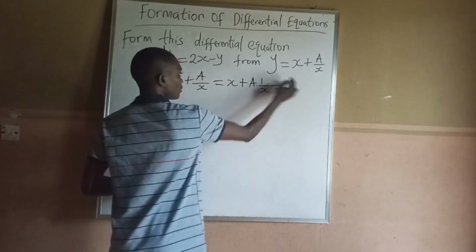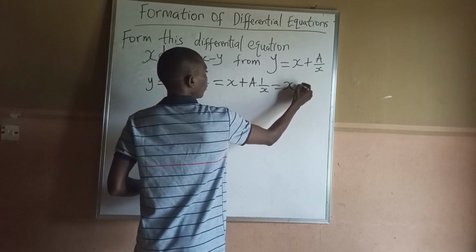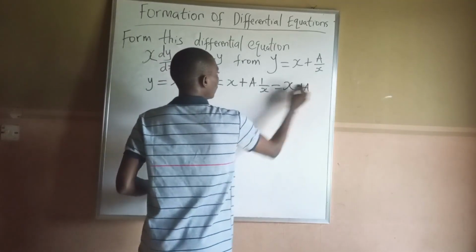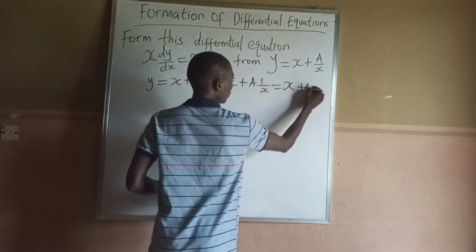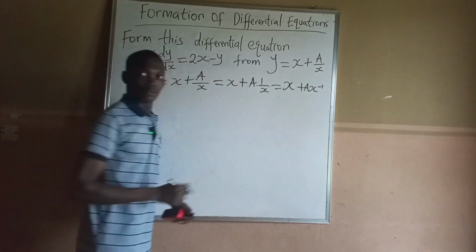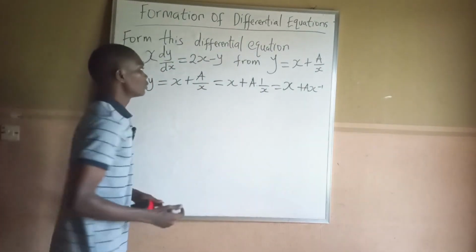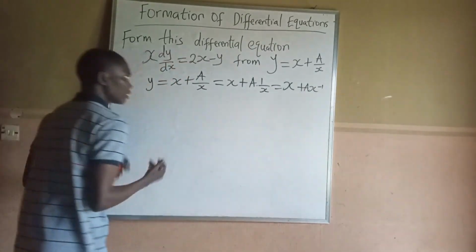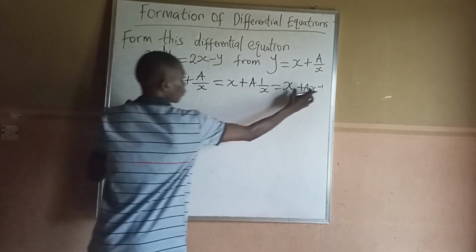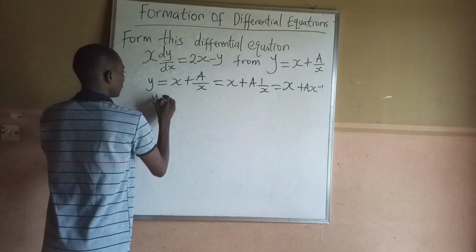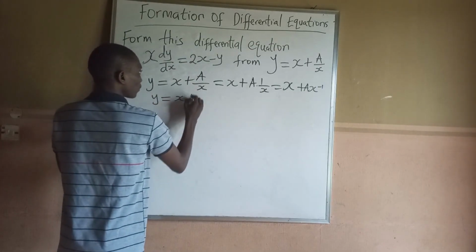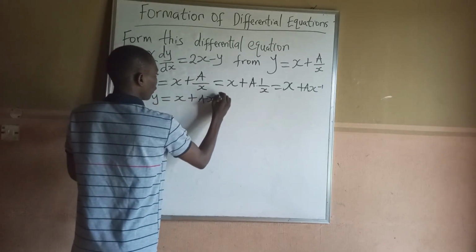So I can also say this is the same thing as x plus a, and 1 over x is the same thing as x raised to power minus 1. Okay? So, therefore, we have y equals x plus a x raised to power minus 1.